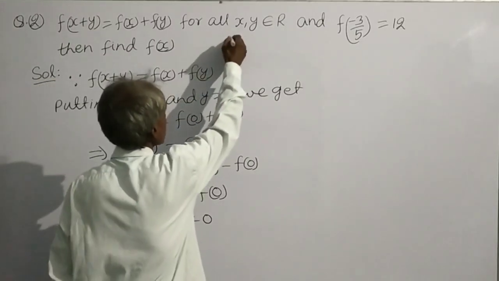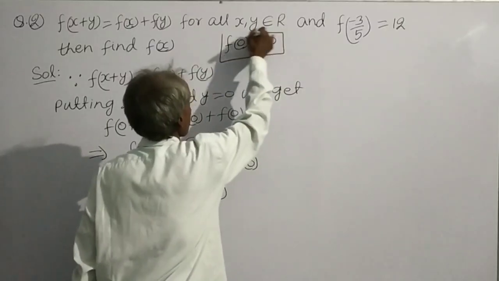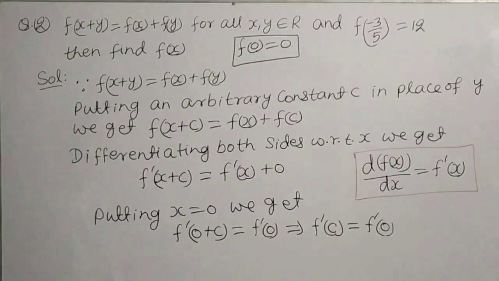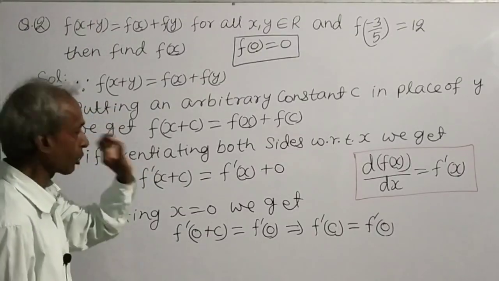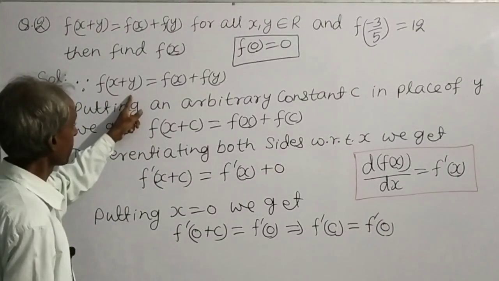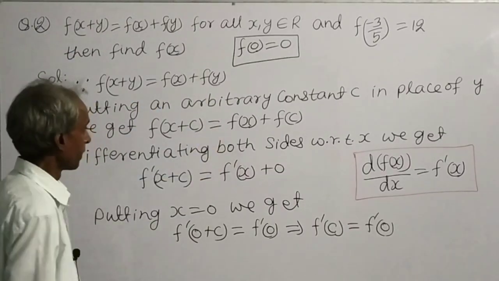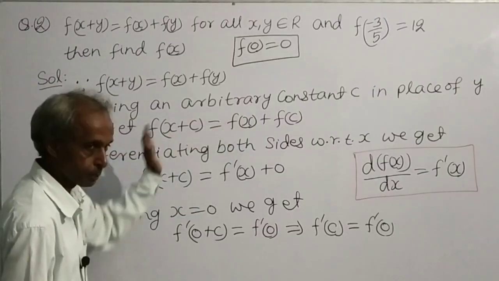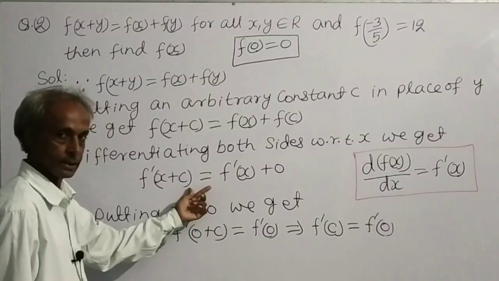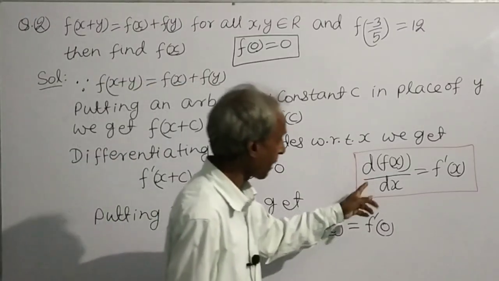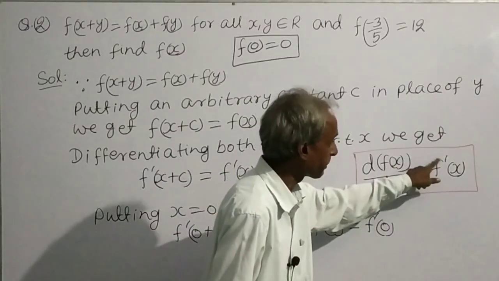f(0) is equal to 0. We put an arbitrary constant c in place of y and get this. Differentiate this both sides with respect to x and get this, because after differentiating f(x) we write f'(x).